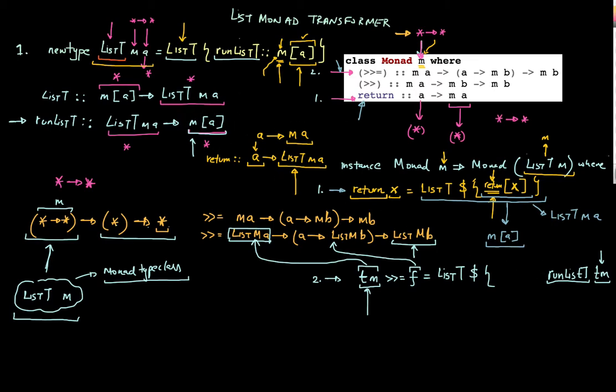Now on this monadic expression, this is really super important. I'm saying this monadic expression is in the context of this m. Since this entire piece is a monadic value, I can use the do keyword here.